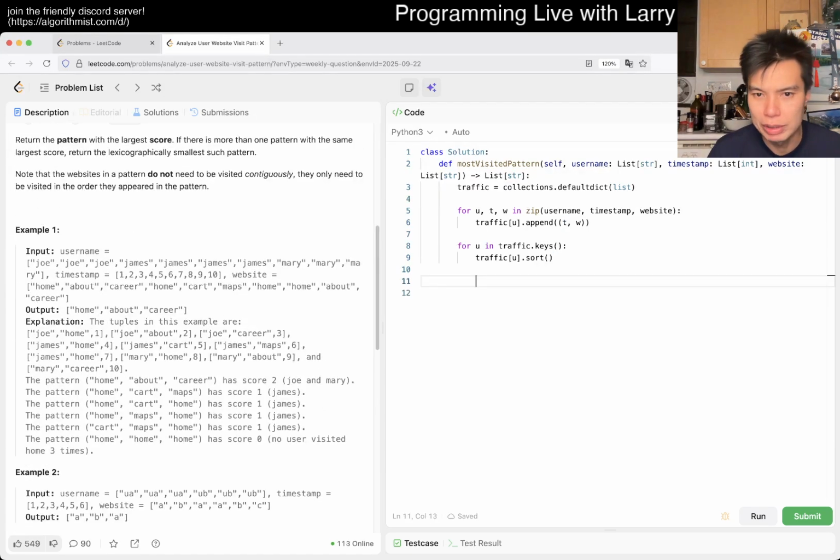Then basically now we do, I forget how to write this. I feel like there's a cleaner way to write this using itertools, but maybe it's fine for this problem for now. After we sort, maybe we also have a score using a lookup table or a counter.